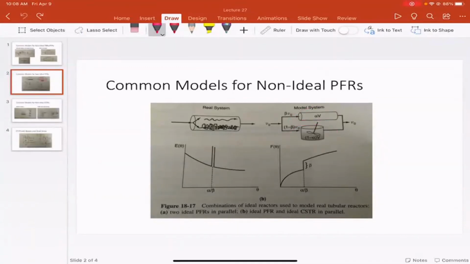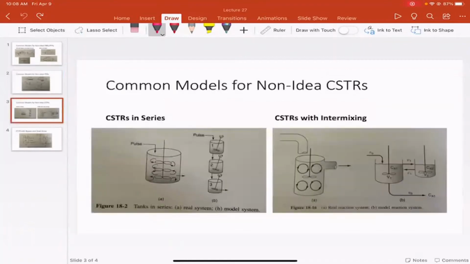And if you remember, we did some of this earlier in the semester where we had CSTRs in series, we had CSTRs and PFRs in series, and you also could split the flow and do these things in parallel. And CSTRs have this as well. So a couple of models related to CSTRs are sometimes you can have different areas of mixing inside of your CSTR between the inlet and the outlet.